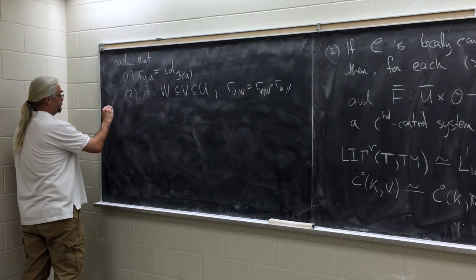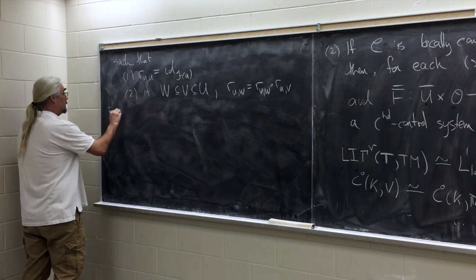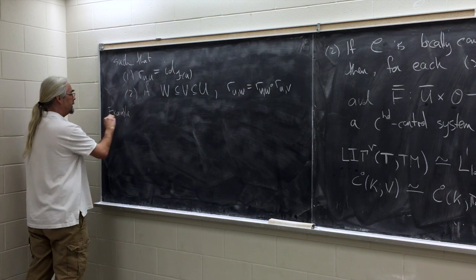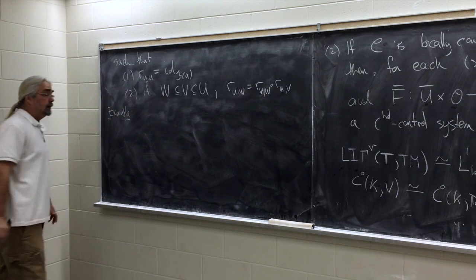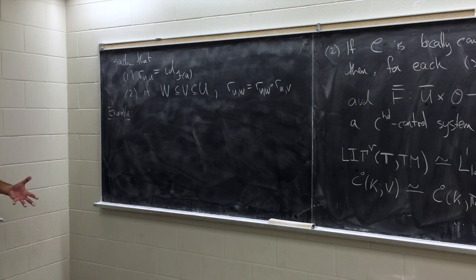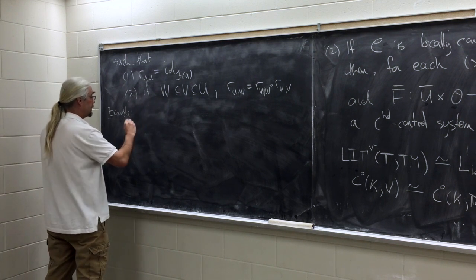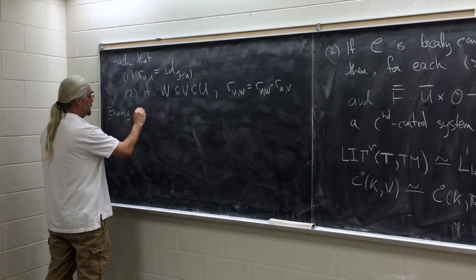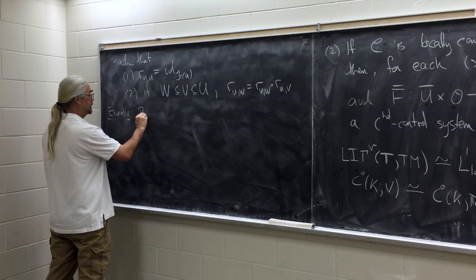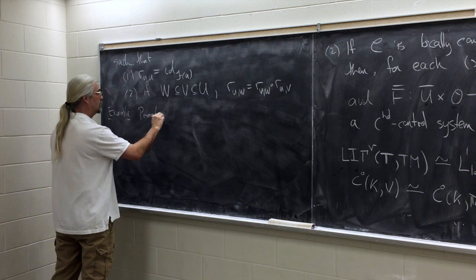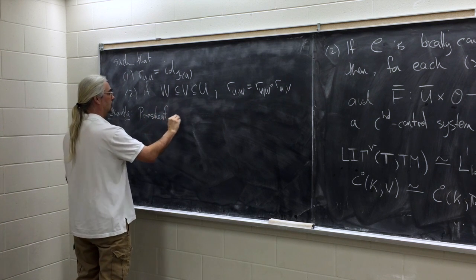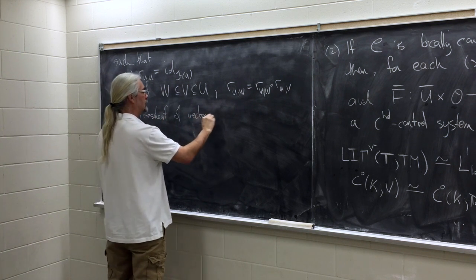So I'm really not going to be considering many examples, because there are very few examples that we're actually interested in. The example I'm going to consider is the presheaf of vector fields.